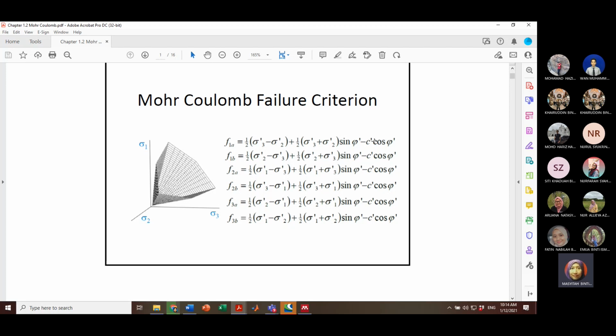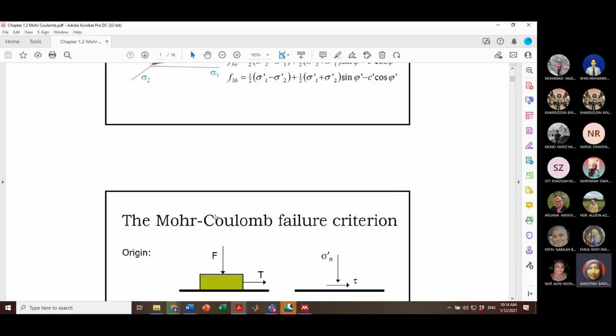So it is easy to get the value of effective minor stress and effective major stress. You substitute into this equation and you will see how it behaves. The failure criterion also tells you whether the material behaves linear elastic, perfectly plastic, or whether the material is out of the boundary, within the boundary, etc.